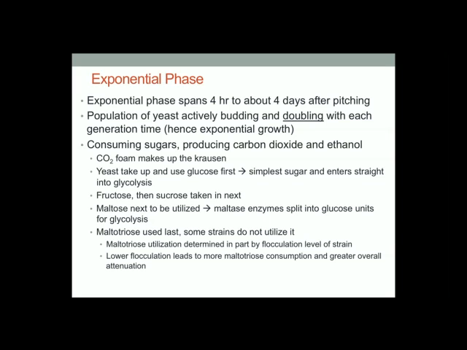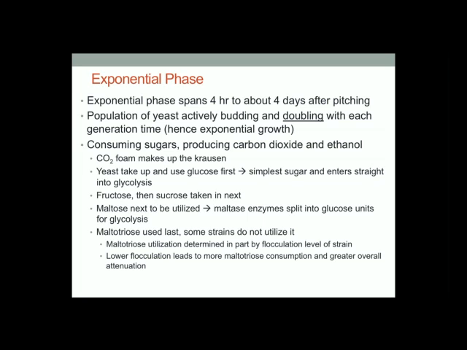And this is when the yeast population is actively reproducing. And so with each generation time, the time it takes for one generation, the population of yeast is doubling. And that's why it's called exponential growth phase. So as they're reproducing, they're eating up all the sugars in the wort, and they're producing the carbon dioxide and ethanol through their main way of metabolism, which is the fermentation.